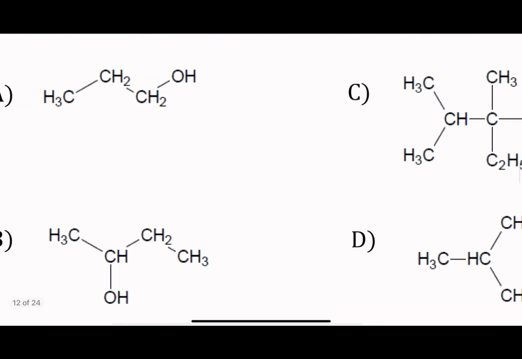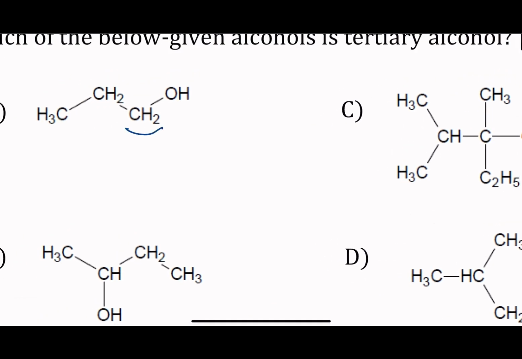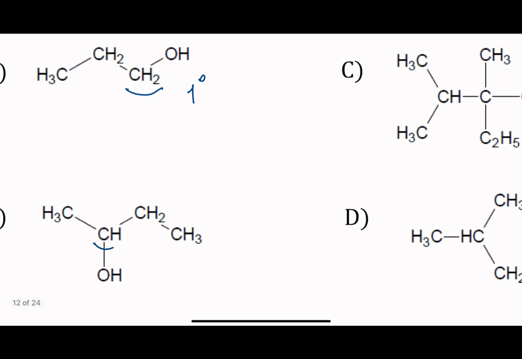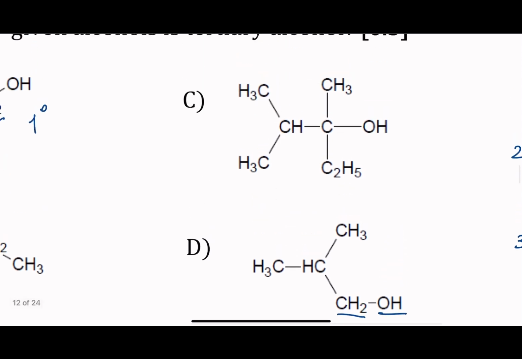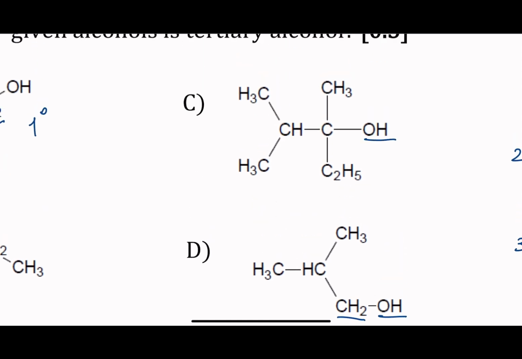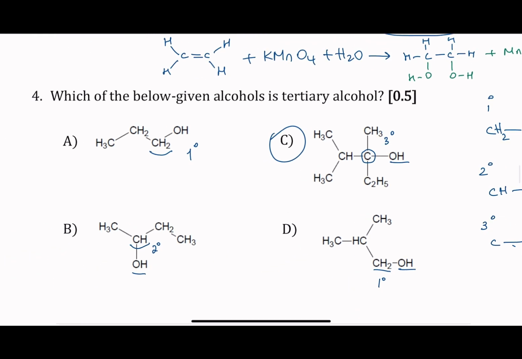So if you check this one, you see this carbon, you have 2 hydrogens. So this is primary. If you check out this carbon which is attached to OH, you have one hydrogen, so this is secondary. And if you check out this OH, attached to a carbon with two hydrogens, this is primary. And then this carbon which is attached to OH has no hydrogen, so this is tertiary. That's why the answer is C.